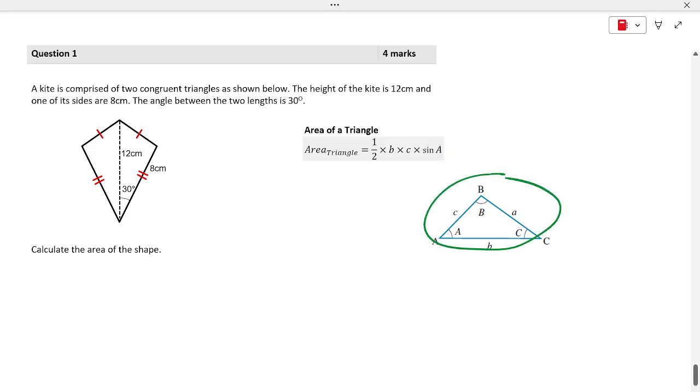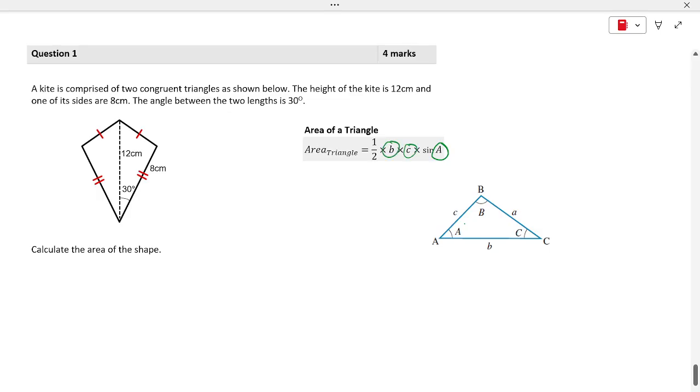So if we look at our triangle over here, we know that a capital letter denotes an angle, and the side length that is opposite that letter has the same letter. So this is a capital A, and then we have a lowercase a. So we've been given a capital A, a lowercase b, and a lowercase c.